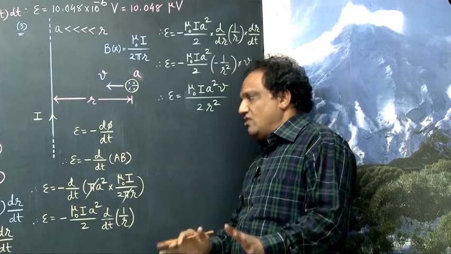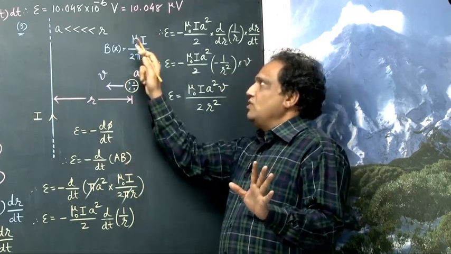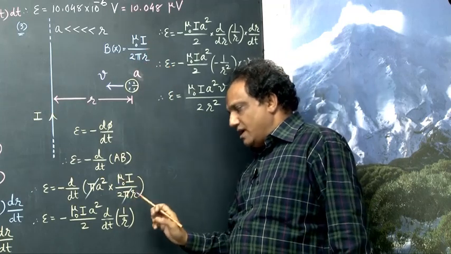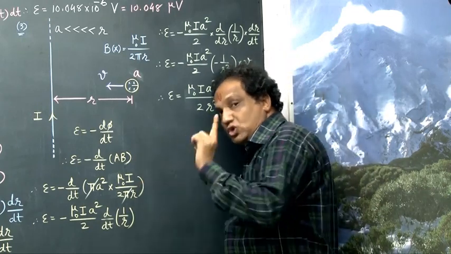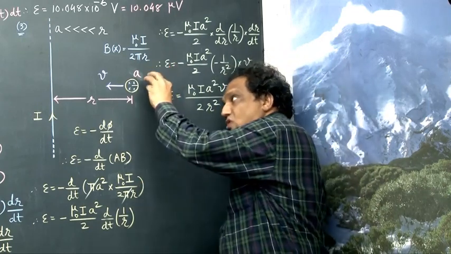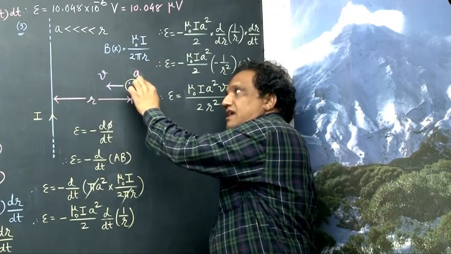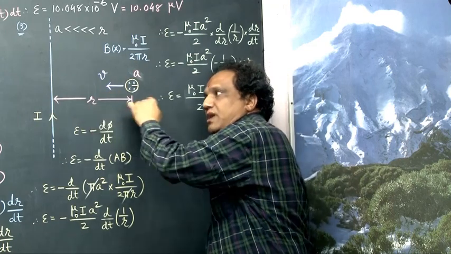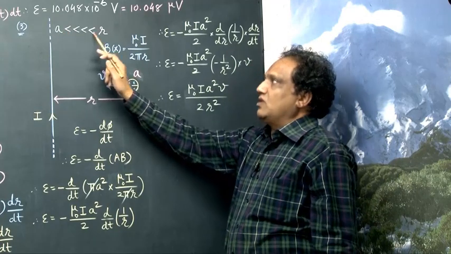And because of that, we treat the value of B nearly constant equal to mu 0 I upon 2 pi r. Mind well, this value of B is true only for very small ring. The radius of the ring should be very small compared to this perpendicular distance from the wire. And you are given in the statement a is very much smaller than r.